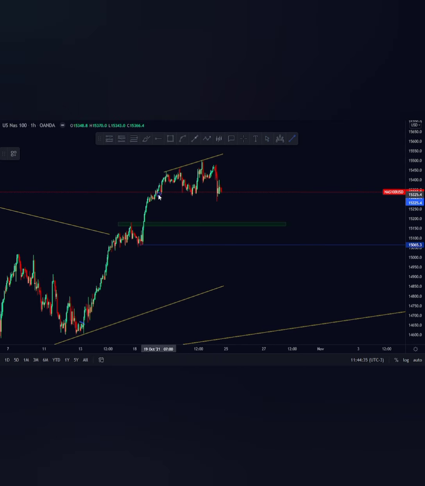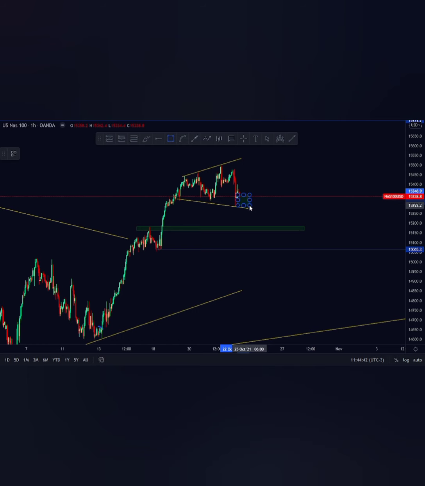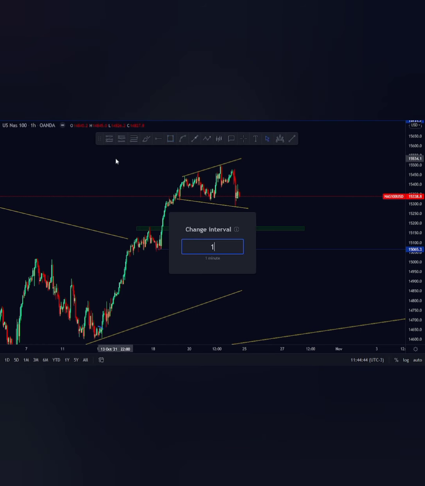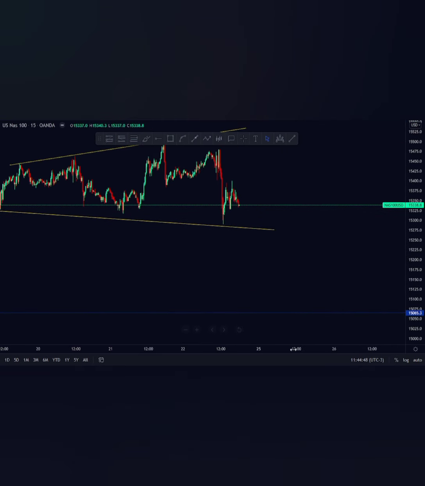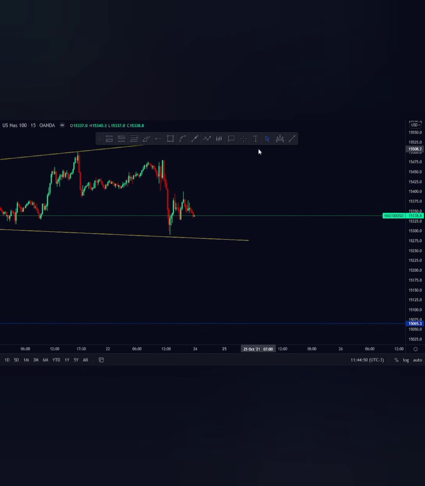In case you want an entry for this one, I'm looking for buying opportunities from this level, right? From this level here. So now let's dive into the 15 minutes to check what price is saying currently. If you can check right now, price dropped down impulsively. Now it's corrective.